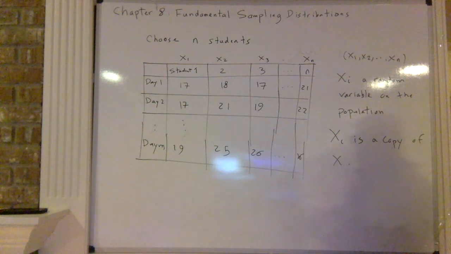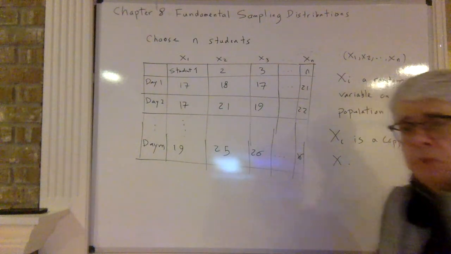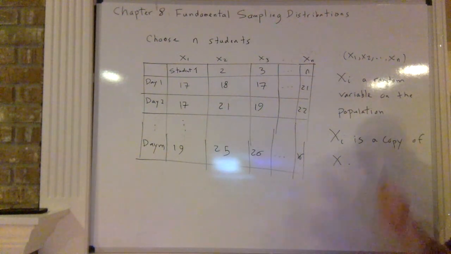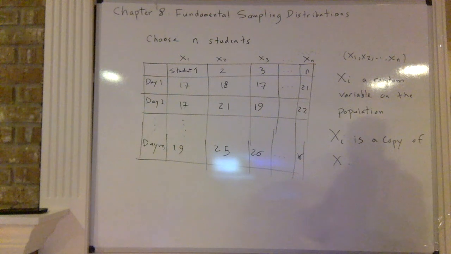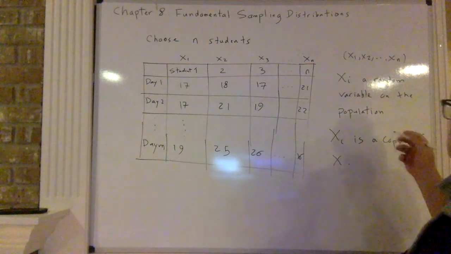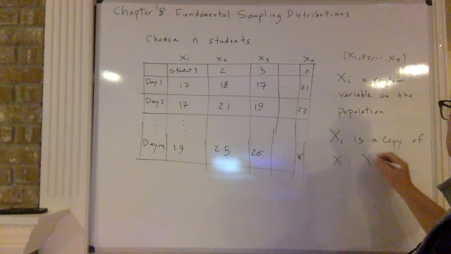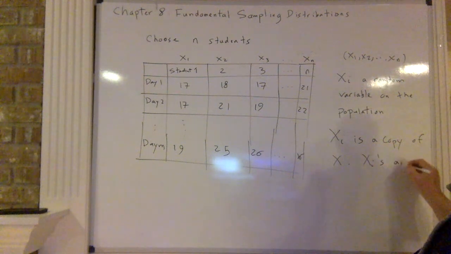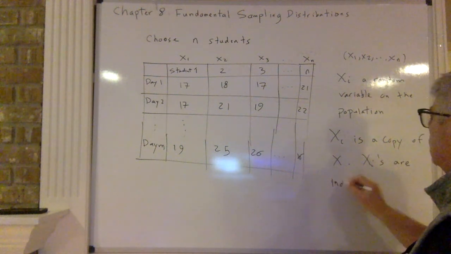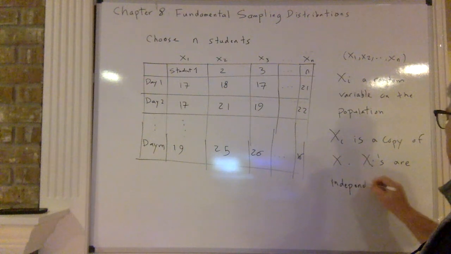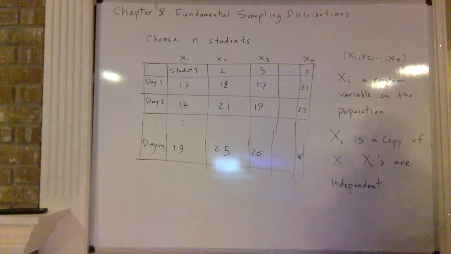And assuming that the students do not interfere, usually they don't, each one goes somewhere. Assuming that they don't interfere, we can also assume that the xi's are independent. Okay. So this sequence x1 up to xn is called the sample, in fact.